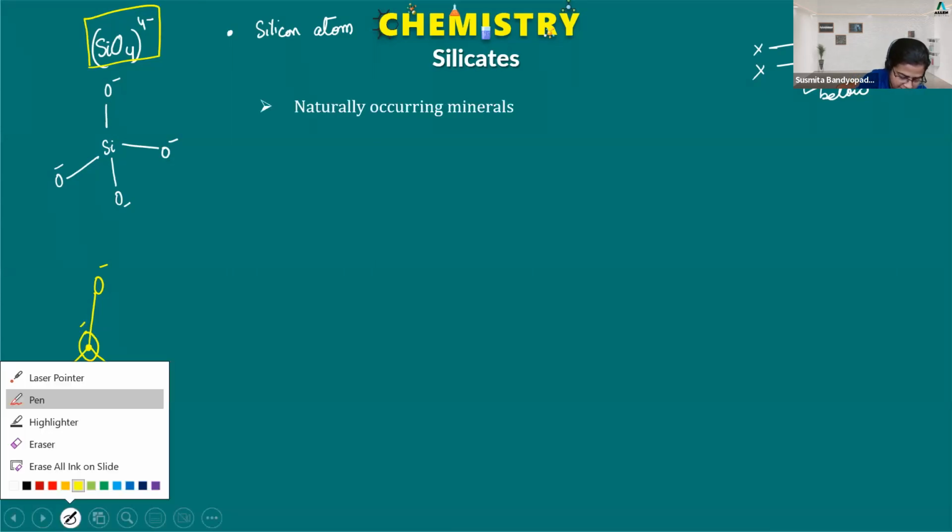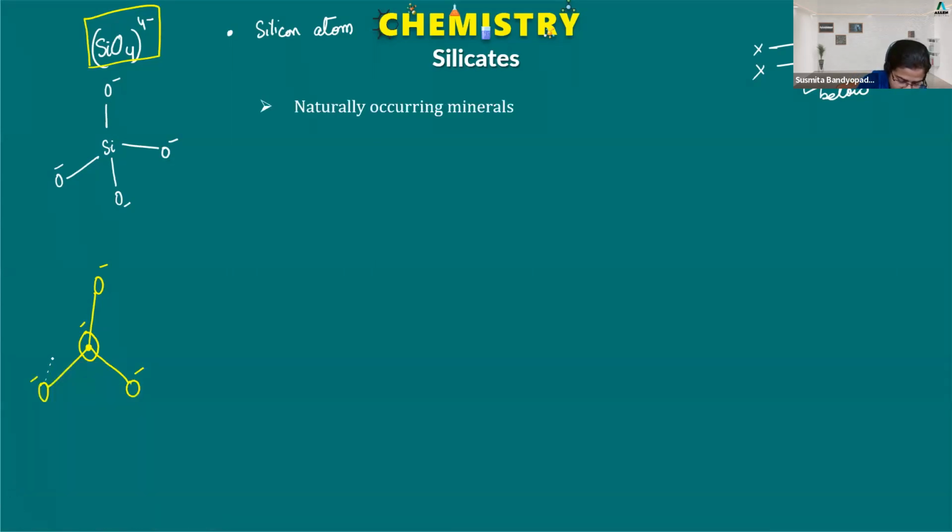And I always draw this. I feel it is incomplete without this, but it is not a bond. Just to give you a feeling that the three oxygens are present at three corners of a triangle. That's the reason for these dotted lines, nothing else.